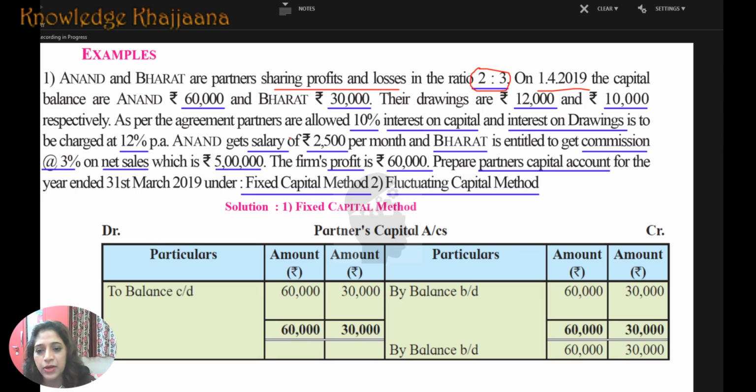As per the agreement, partners are allowed 10% interest on capital, on their 60,000 and 30,000. And interest on drawings is to be charged at 12%.